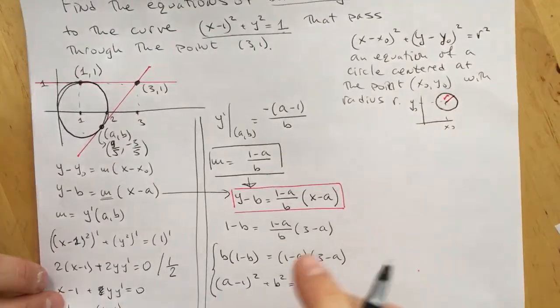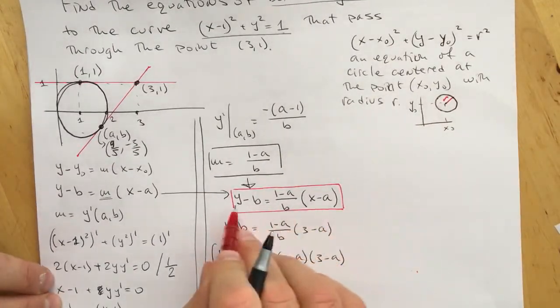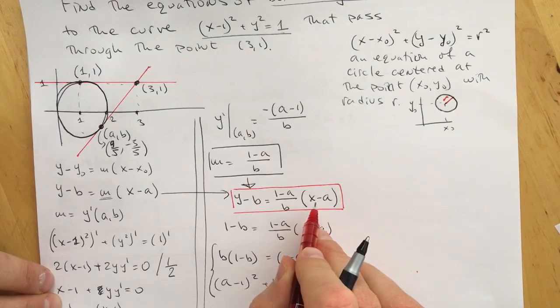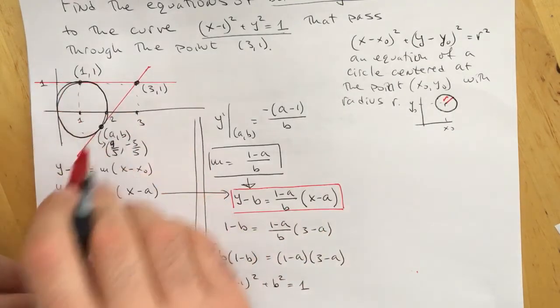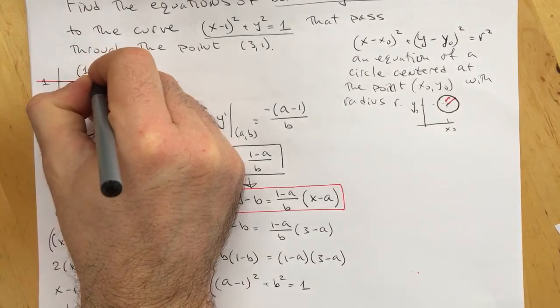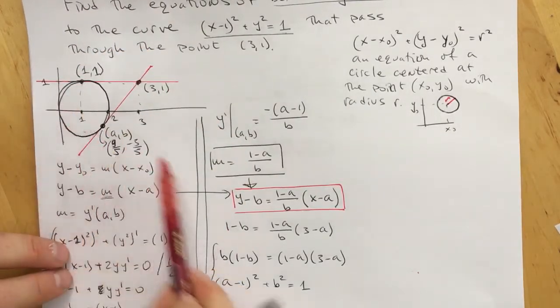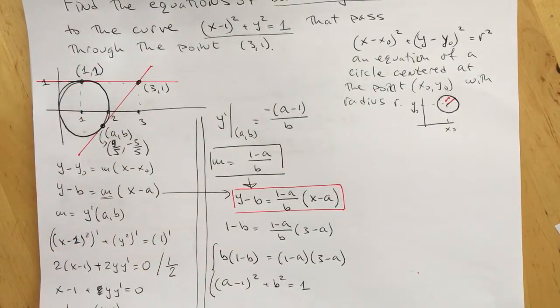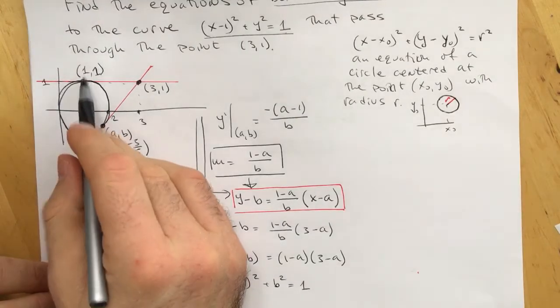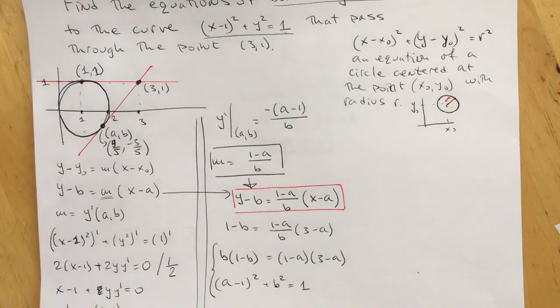So now just recall that this is the equation of the tangent line for the appropriate x and y.